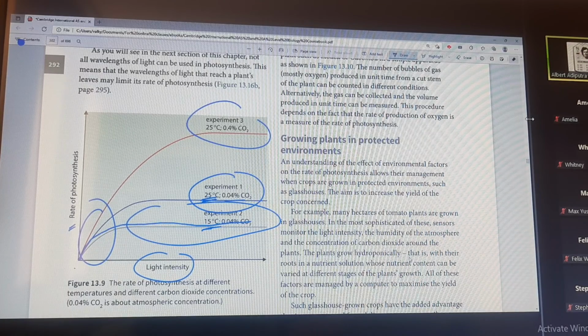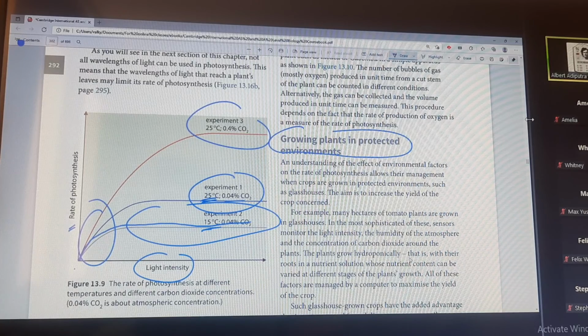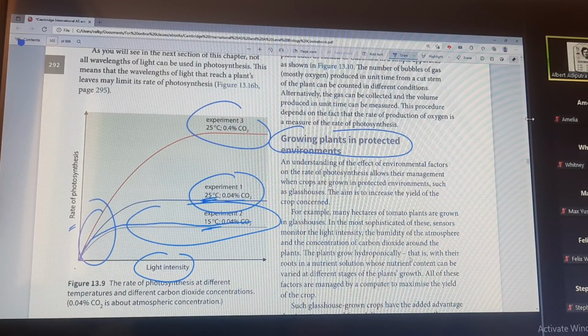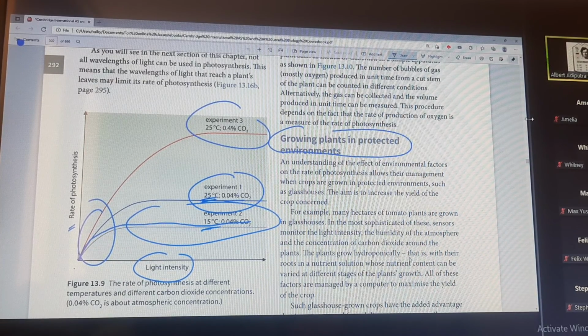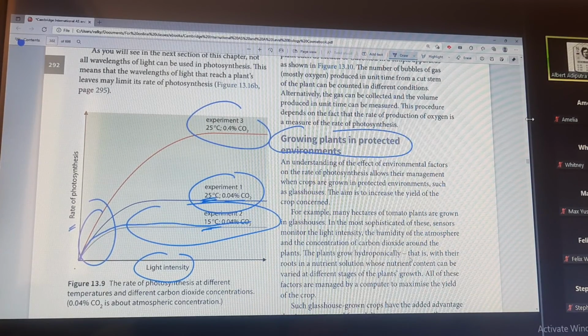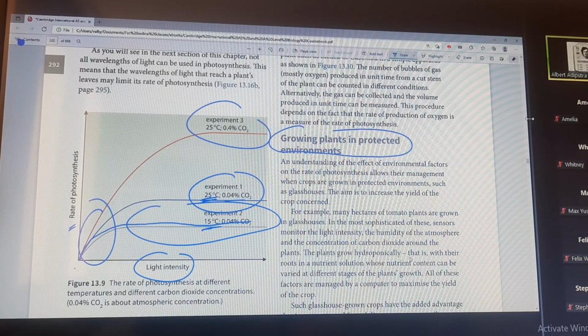Growing plants in protected environments is just like what we learned about the greenhouse or the glass house. By growing them in a greenhouse or glass house, you can control the external factors. You can control the temperature, you can control the CO2 concentration, and you can control the light intensity.